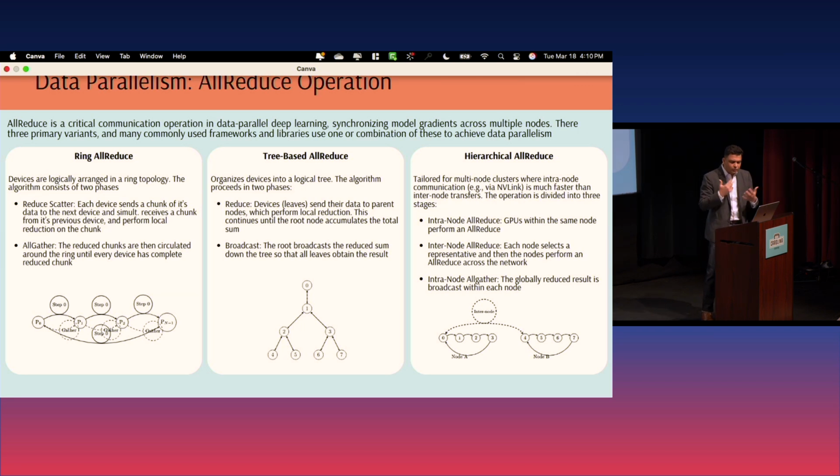So there are 2 types of all-reduce happening in this scenario. One is an intra-node operation, which happens within a single node, and then you have an inter-node all-reduce. And once those 2 things are done, you have an intra-node all-gather operation broadcasted by the representative device.